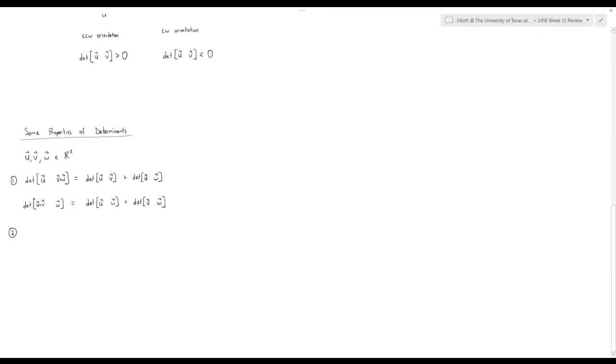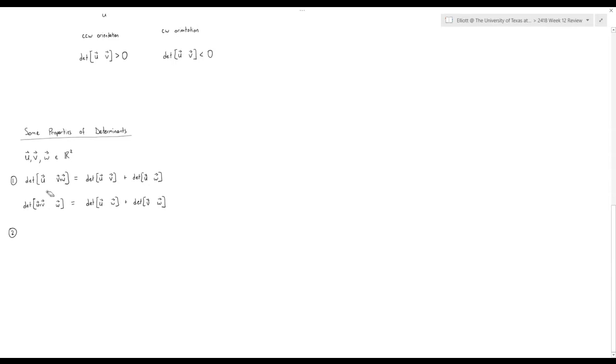Another property. Oh, and so an intuitive way of thinking about this property: you can think of each of these vectors as representing the base or the height of the parallelogram that they form.